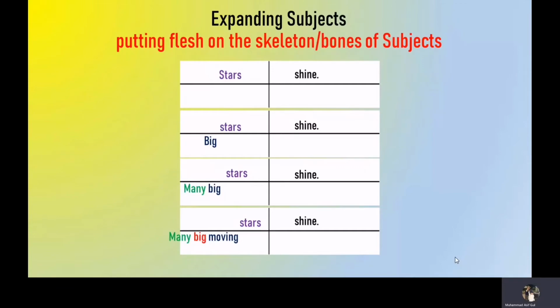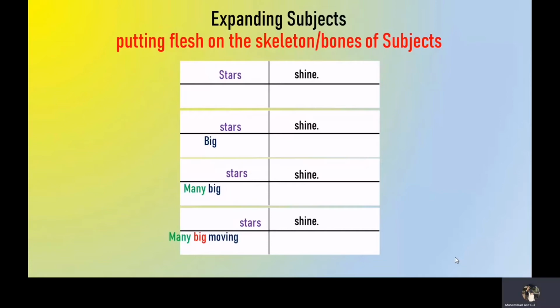We have a simple sentence of pattern 1, formula 1: stars shine. Right now, we simply have this word stars, and we don't know anything further about stars, whether they are big stars or small stars, whether they are moving stars or stationary stars.